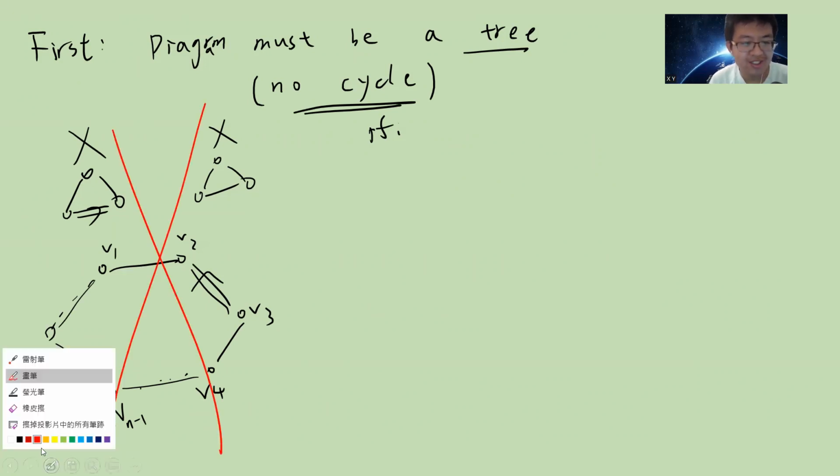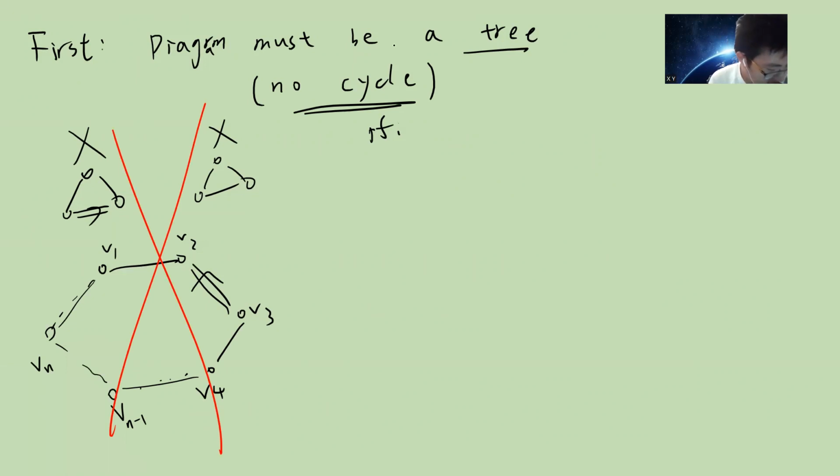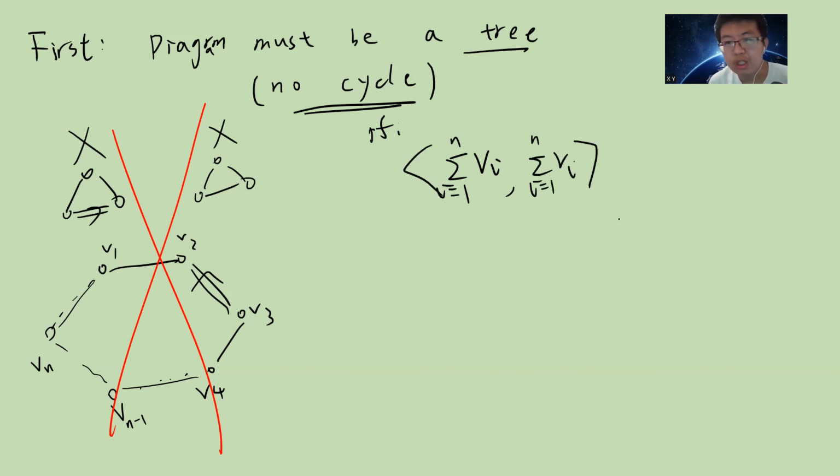Proof. This is very simple. Suppose the vectors are V1, V2 up to Vn. If I take all the vectors, sum them, and take the inner product, what will I get?